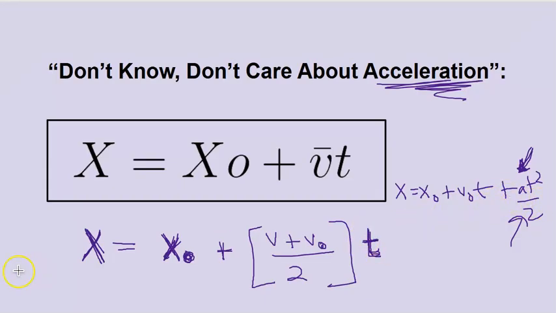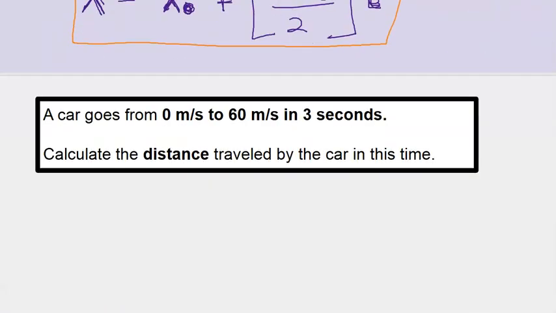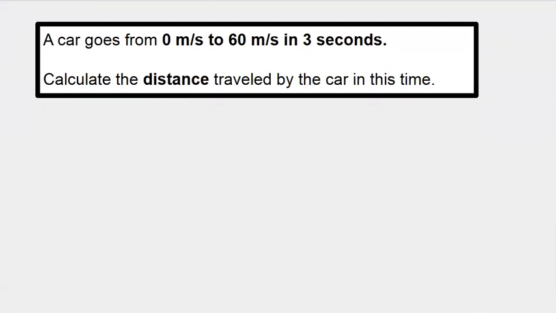If you want one-stop shopping and not a 2-step problem, then you use this because I don't care about the acceleration. Don't care, don't know, but I do know my initial and final speeds. This is finding the answer in 1 step. Okay, so please write this formula down as well.